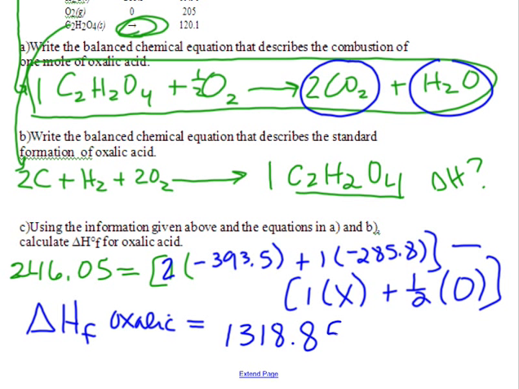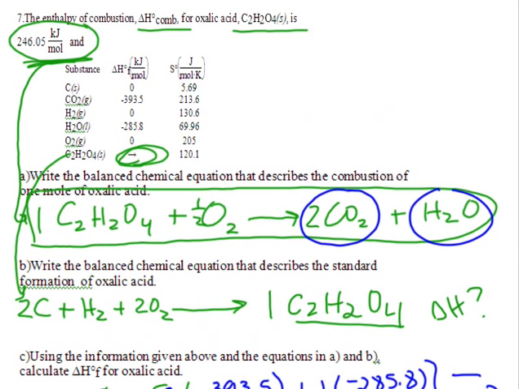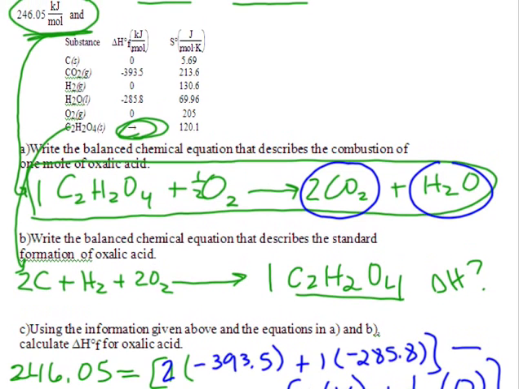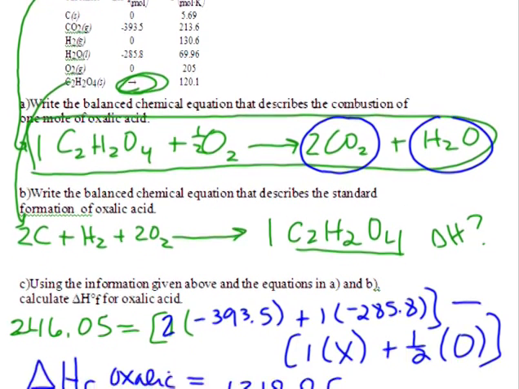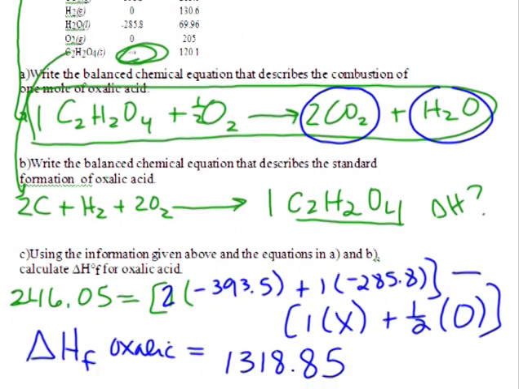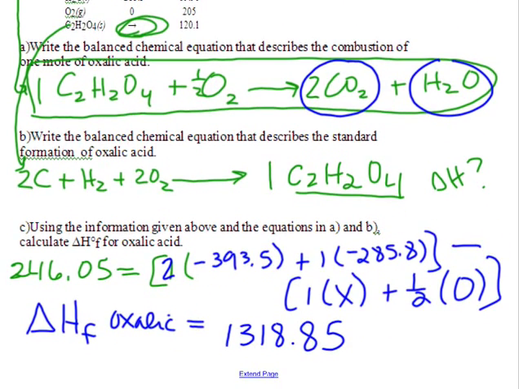Are you kidding me? No, I'm just saying, I can't believe they messed up again last period. Let's double check what we're doing here. We're going to use 246.05, and we're going to set it equal to 2 times negative 393 minus that, products minus 1 times X plus, that's right. Wow. I can't believe, oy vey.